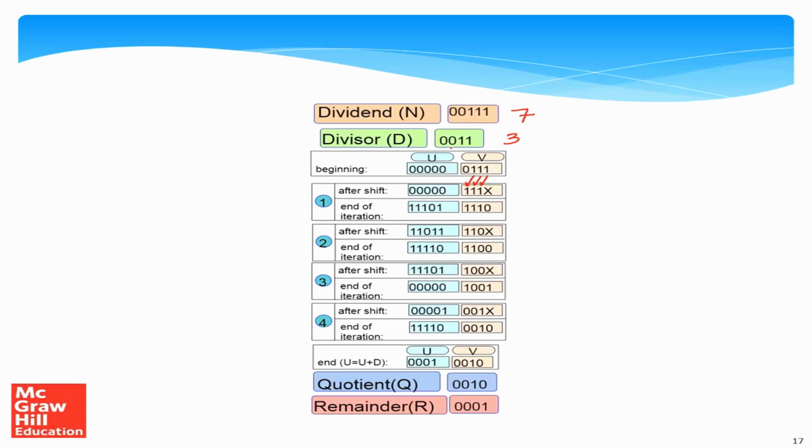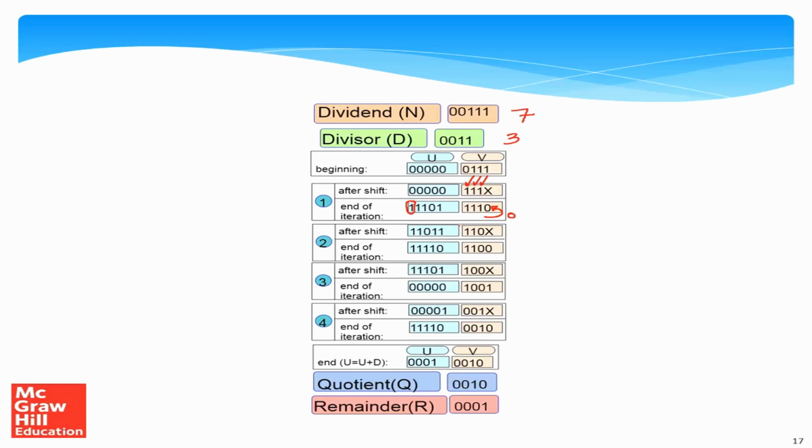Subtracting the divisor means adding its 2's complement. So this is 1, 1, 1, 0, 0 plus 1. This is the 2's complement of 3, so it's minus 3. After this, the sign of this number is negative because the sign bit is 1. Hence we set the quotient bit q4 to 0.